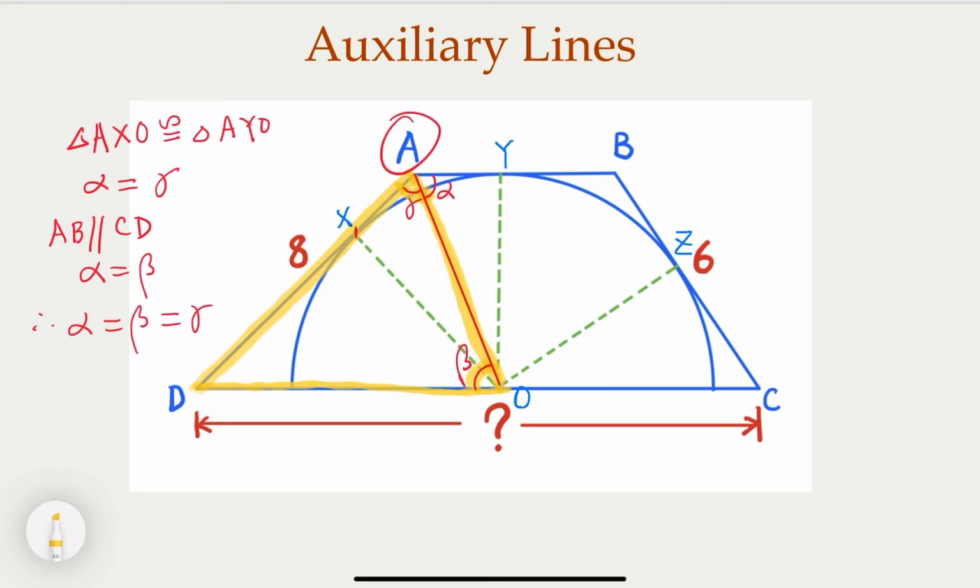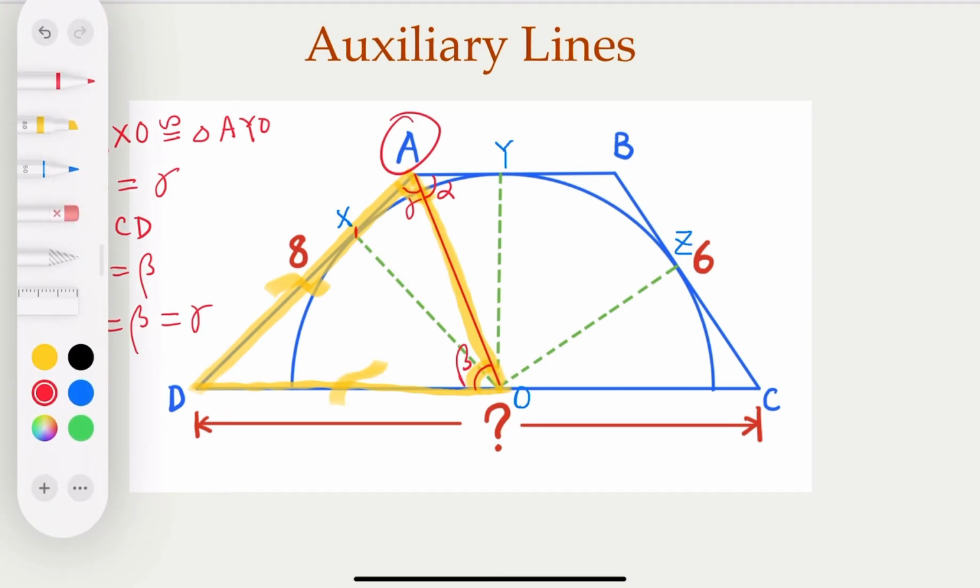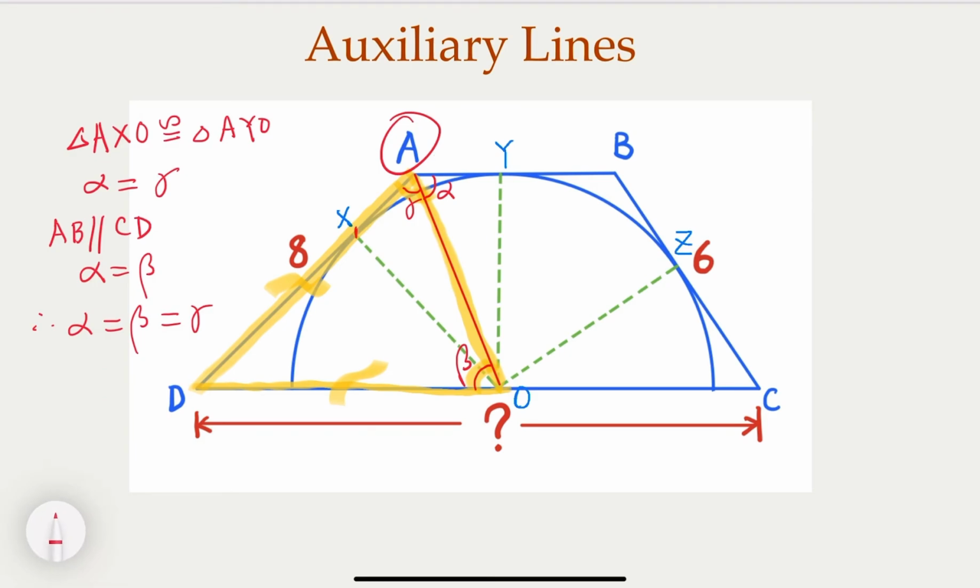AD is equal to OD, which means OD equals 8. Similarly, for the right-hand side, you would use similar logic and prove that this is actually 6. So the length we're looking for is actually 14. So the length of CD equals this.